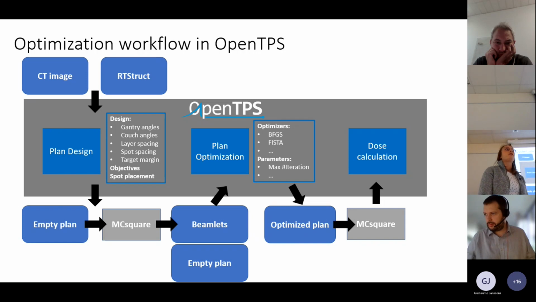We can also set different parameters like the maximum number of iterations or the absolute tolerance on our functions, etc. At the end of this process, we have our optimized plan, and then we can send it again to MCsquare to make a final dose calculation. This is what is interesting to us at the end of the day.